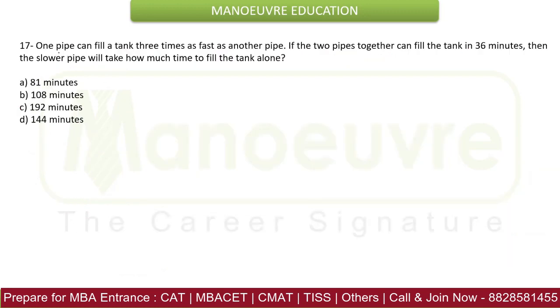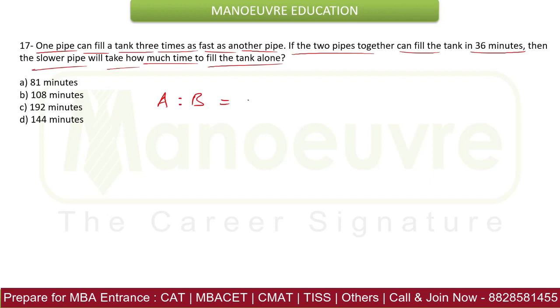The next one, one pipe can fill a tank 3 times as fast as another pipe. If 2 pipes together can fill the tank in 36 minutes, then the slower pipe will take how much time to fill the tank alone? Okay, now let's see here, A and B are the 2 pipes and their work efficiency is given.